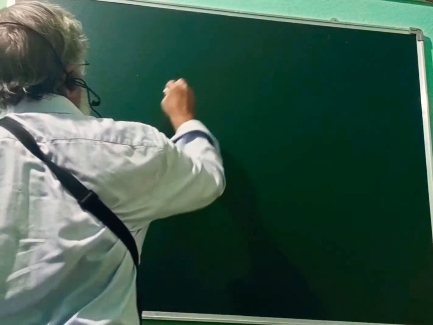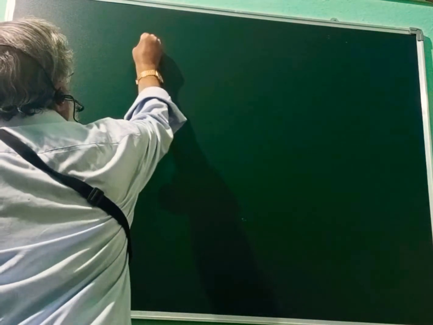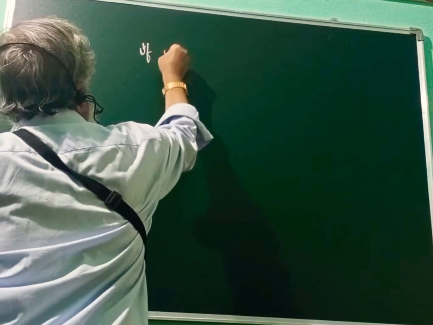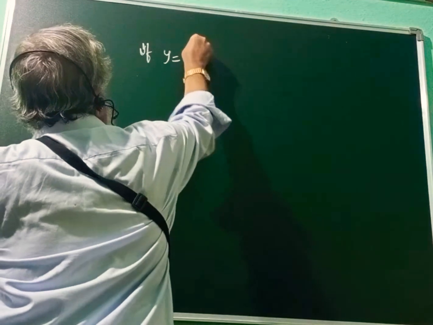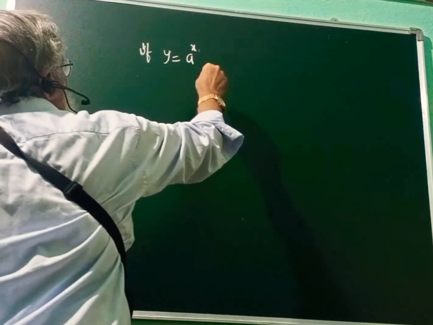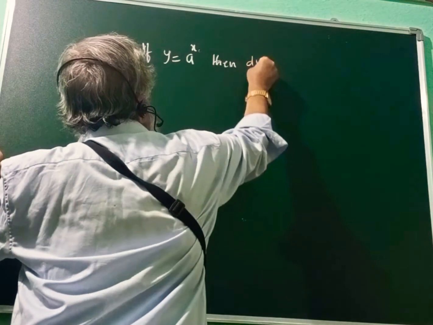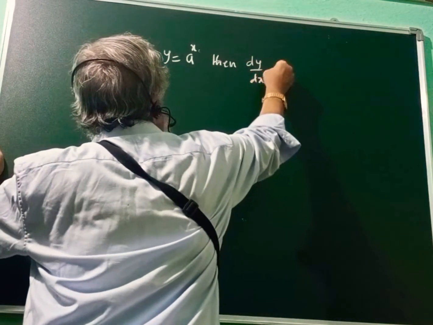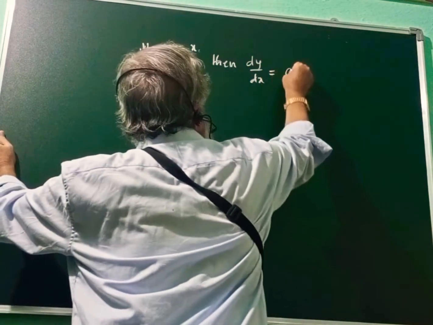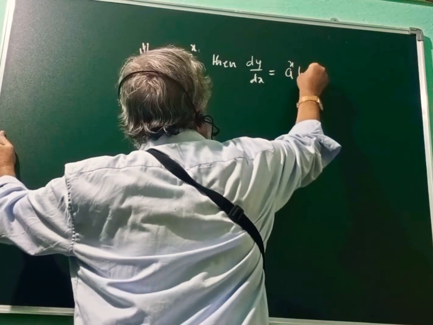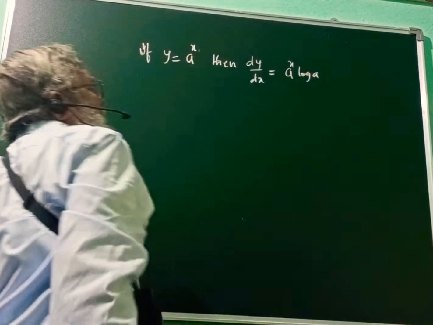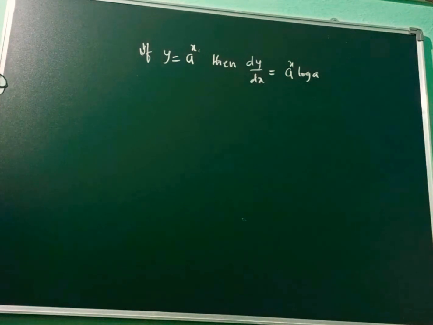This formula we have already used many times, but we prove it now. Y is equal to a raised to x, then dy by dx is given by a raised to x into log a. This we have to prove. Now look here.